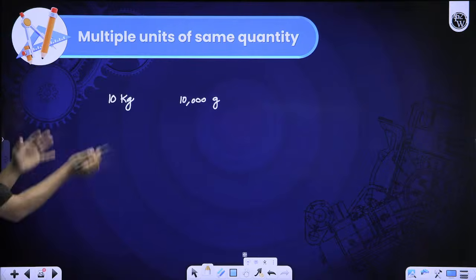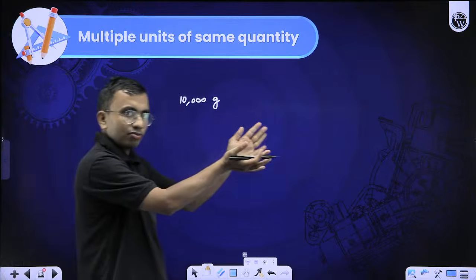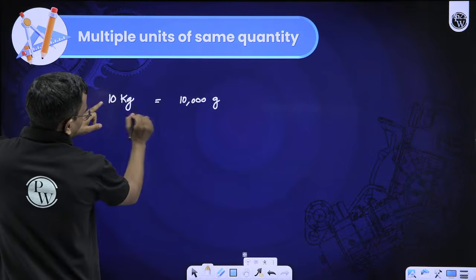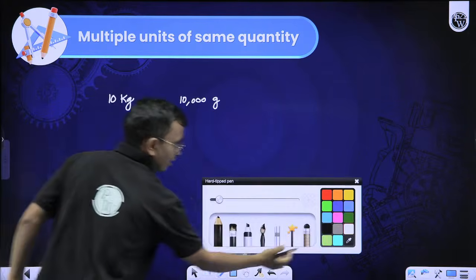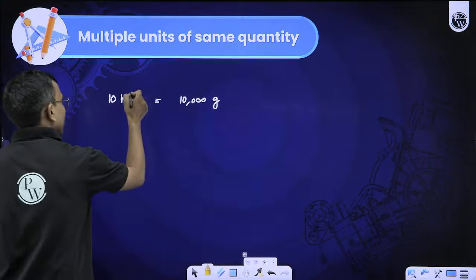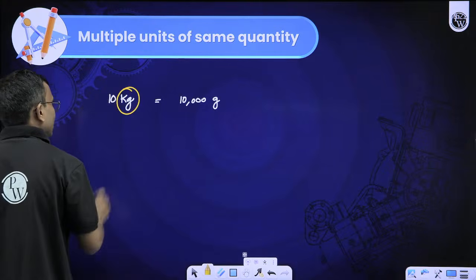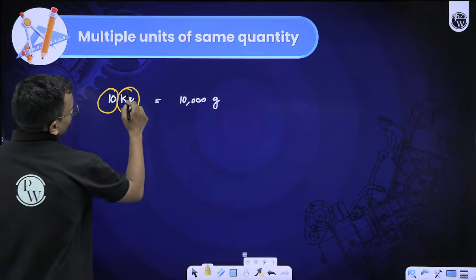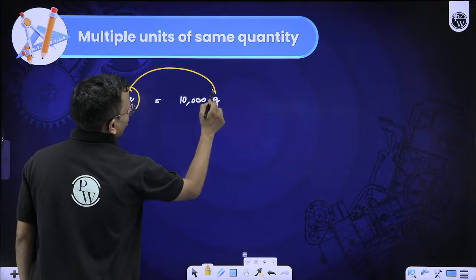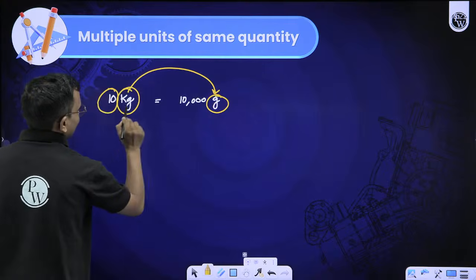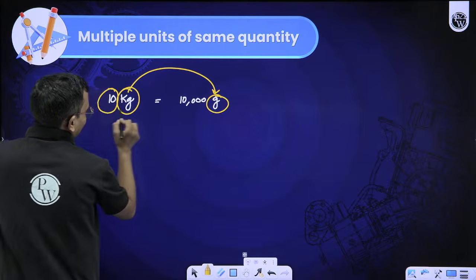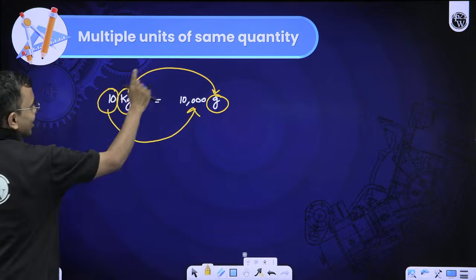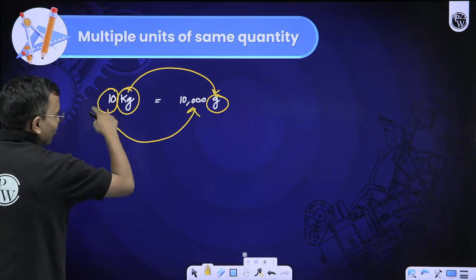Can we convert one system of unit to another system of unit? Yes, we can convert. Here if you see, when I'm converting kg to gram, this is my unit, this is the numerical part of that physical quantity. So this unit is getting smaller, kg is turning to gram, the numerical value is getting bigger.